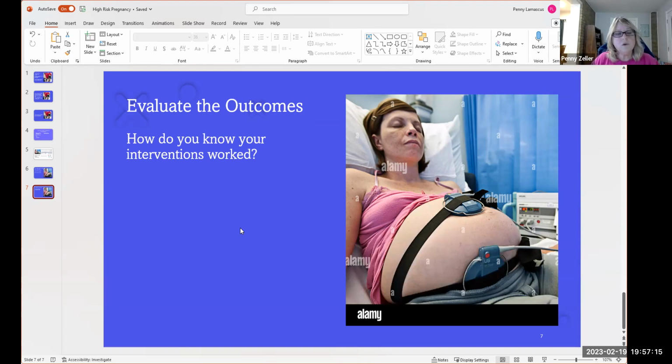So we know it worked because remember, once that baby is born and the placenta is delivered, all the blood that's in the uterus, remember the uterus has nearly 3 to 5 liters of blood at the end of pregnancy. That's a lot of blood and it's clamped off. So all that blood in the uterus is then shunted back to the mother's intravascular system.